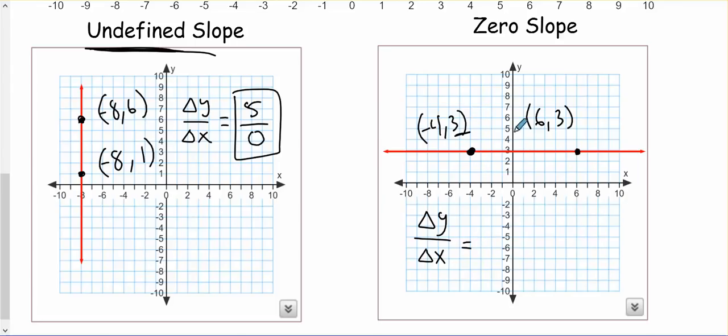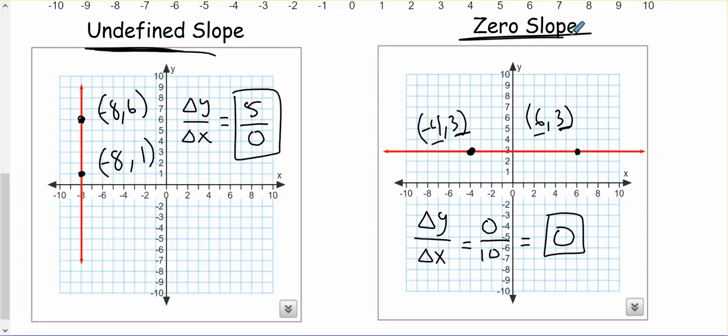I'm going from 3 to 3. What kind of change is that? That's a 0 change. And negative 4 to 6, that would be 1, 2, 3, 4, 5, 6, 7, 8, 9, 10. But 0 divided by anything is 0. So horizontal lines have a 0 slope.